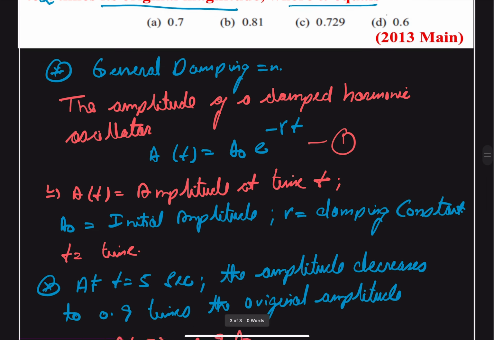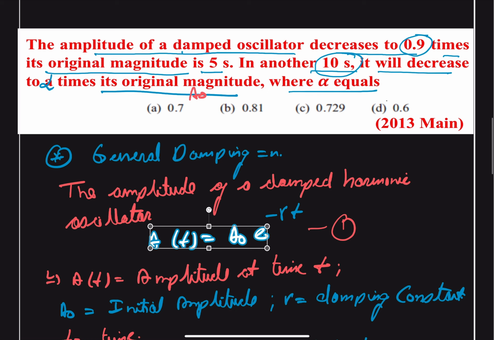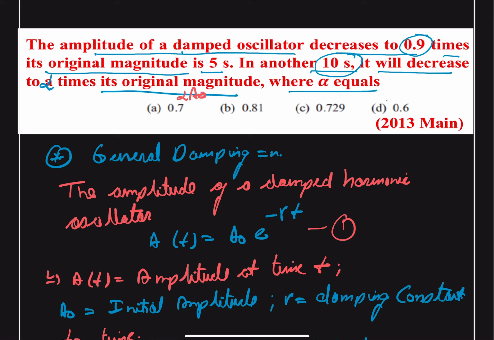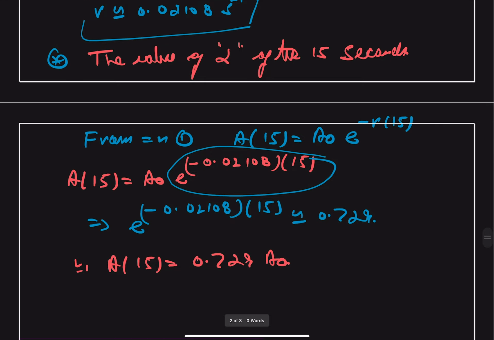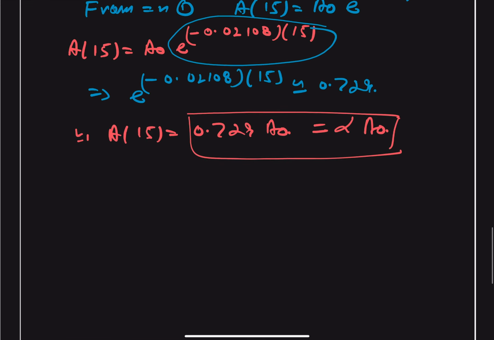And in the question it is mentioned that it will decrease to alpha times its original magnitude. The original magnitude is our A naught and alpha times. Therefore, if we equate this alpha into A naught, making a comparison from here, we can say that our alpha is equal to 0.729.